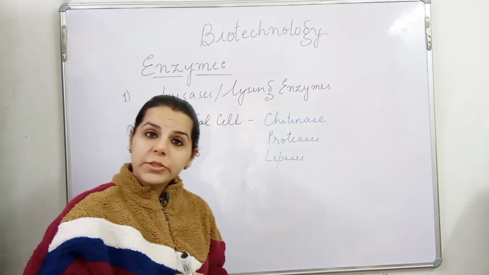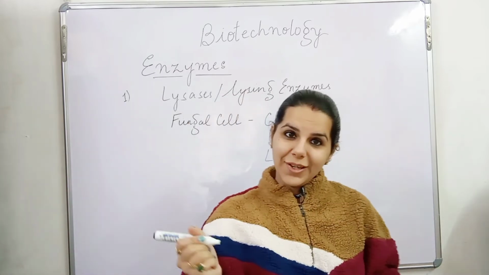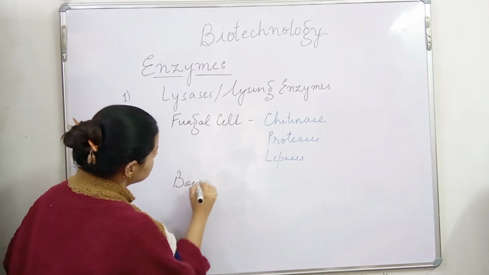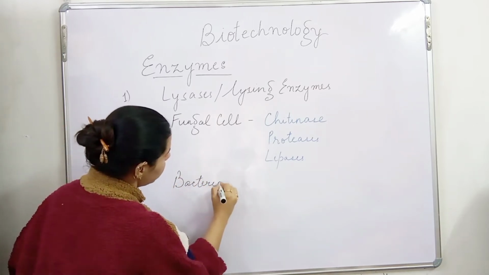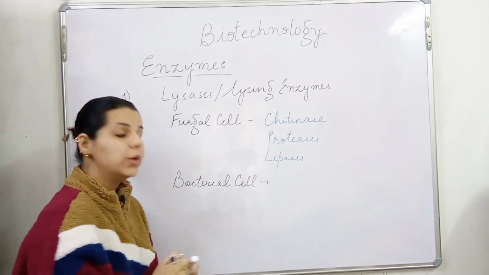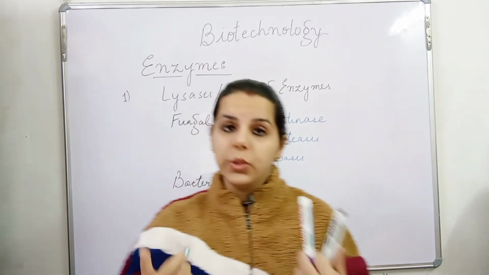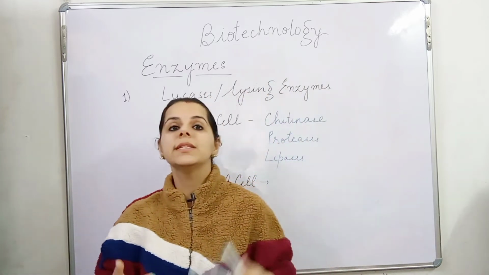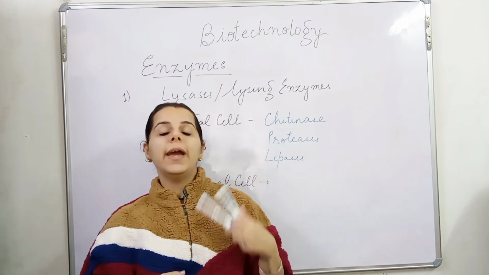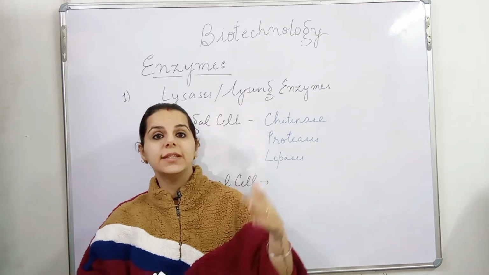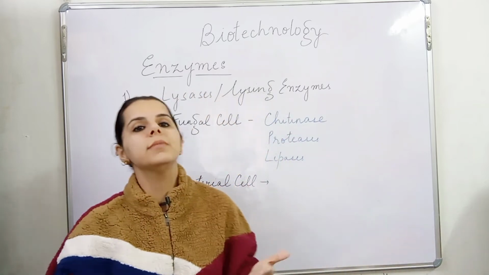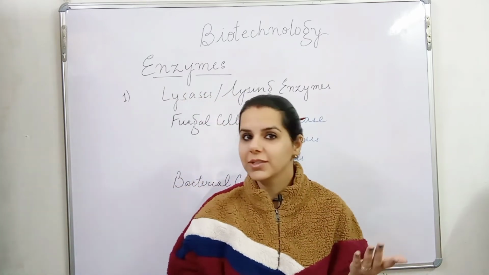Now I want to isolate a gene from a bacterial cell. How do I go about it? We know that the bacterial cell wall is made up of peptidoglycan, and we also know that there is an enzyme known as lysozyme which helps in the lysis of a bacterial cell.